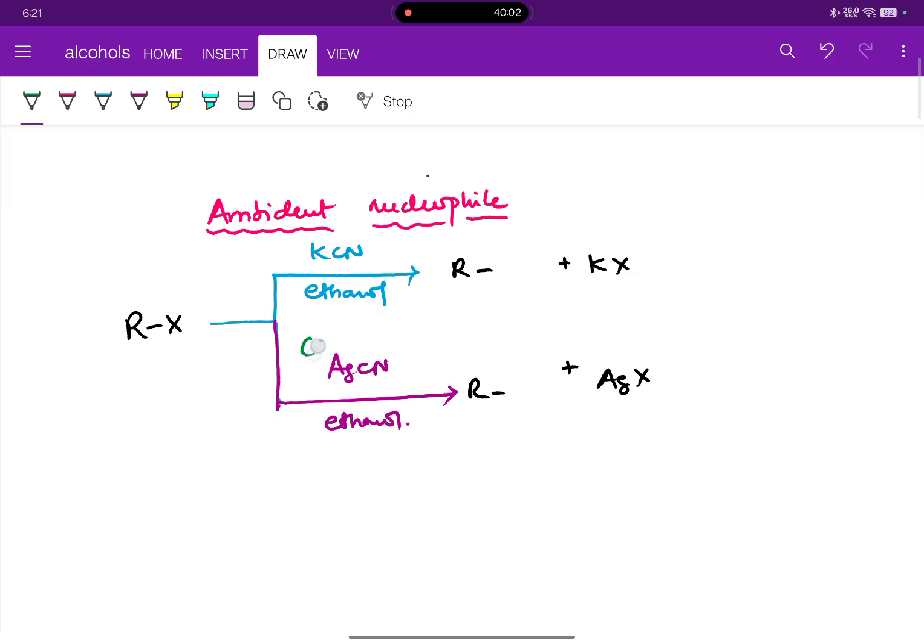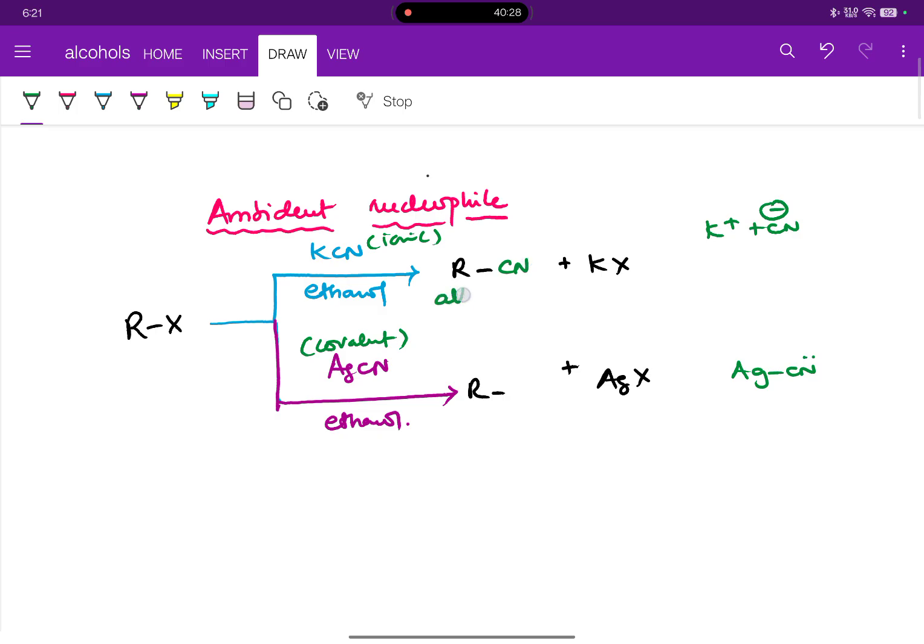This is covalent. This is ionic. What do you mean by ionic? K plus and CN minus come out. This is not like that. AgCN has a covalent bond, so the bond cannot be broken. So since the C minus is available, automatically the cyanide is formed.